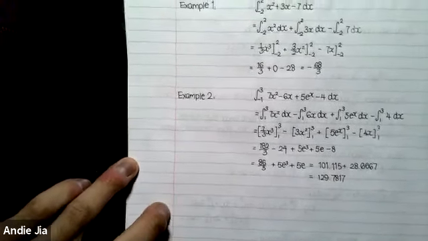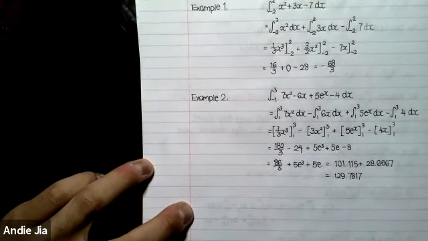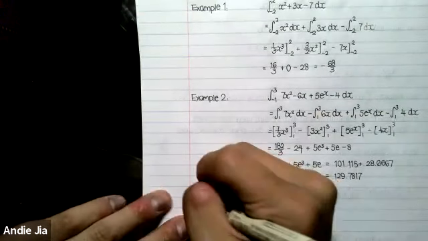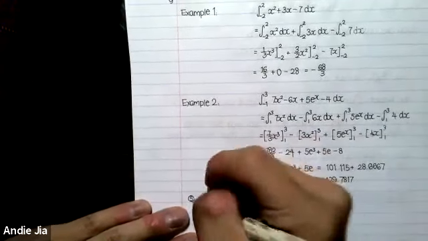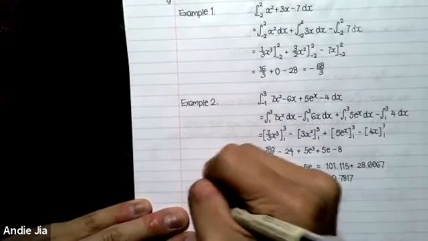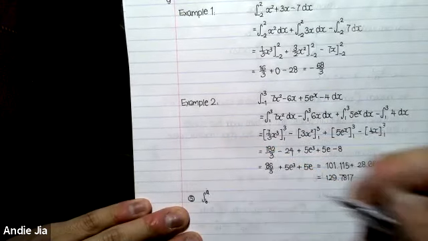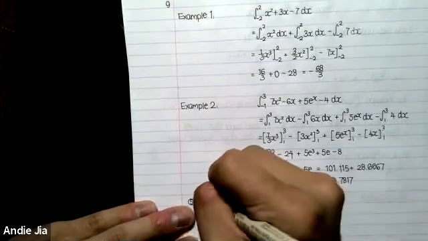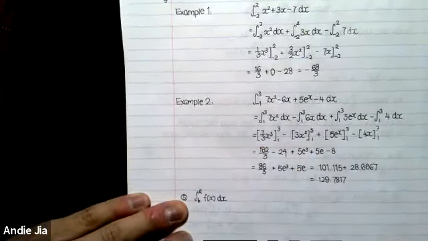Very important, I will have another important formula here. Rule number 5. So when you have an integral from a to b of f of x, swap the sign.